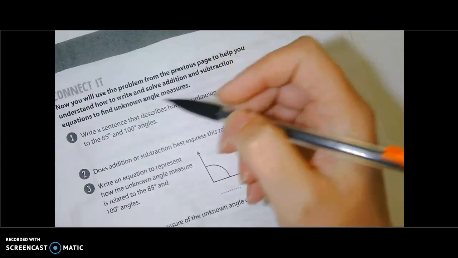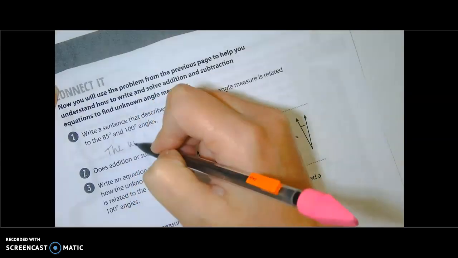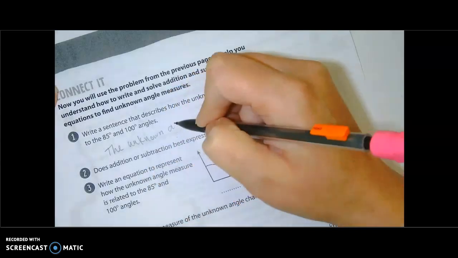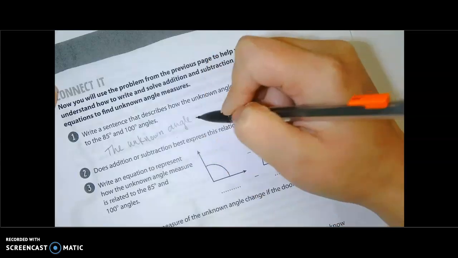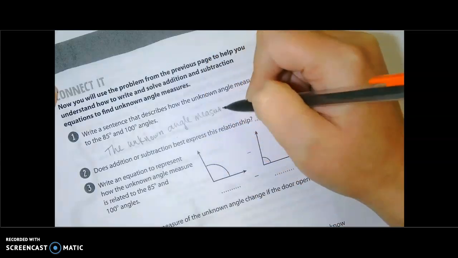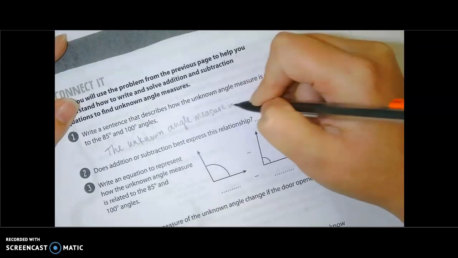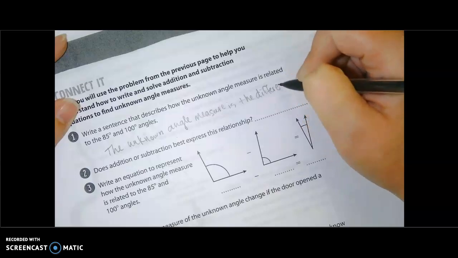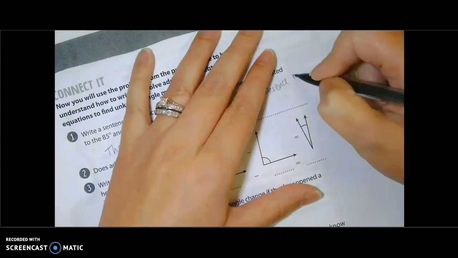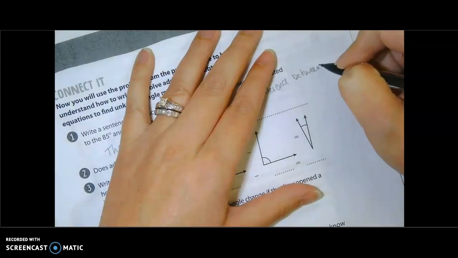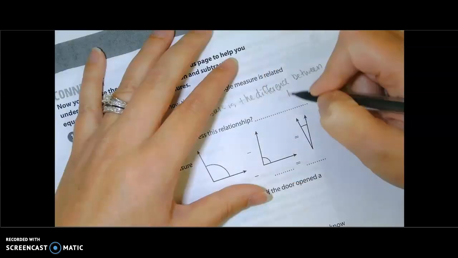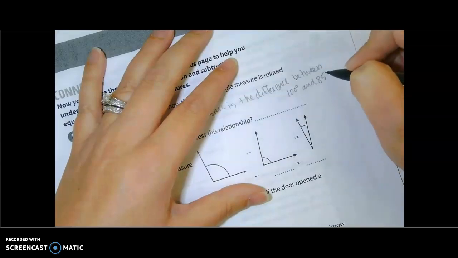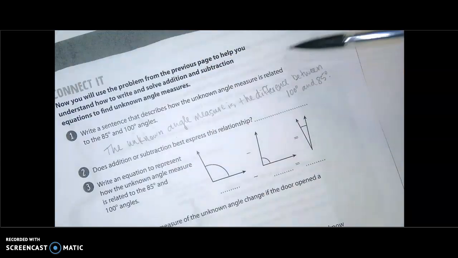And so we wrote, the unknown angle measure is the difference between, or of, so the difference between 100 degrees and 85 degrees. Remembering that difference means that we subtract.